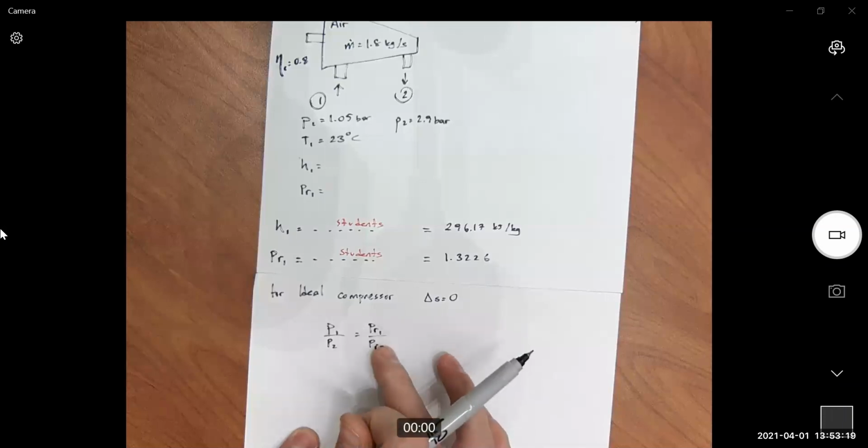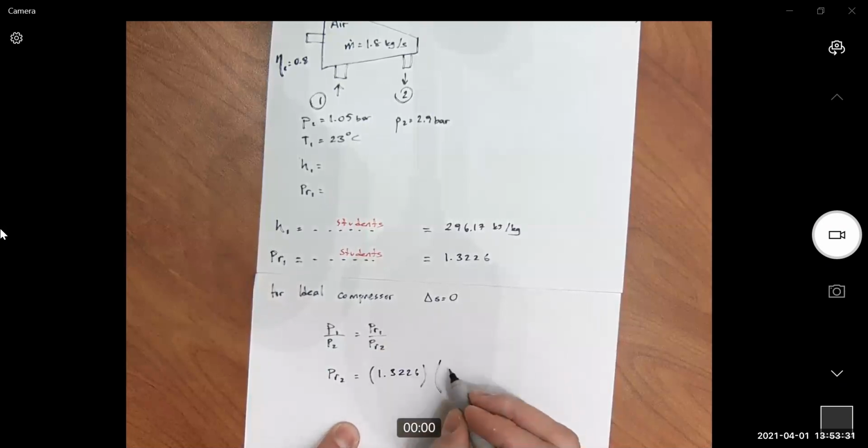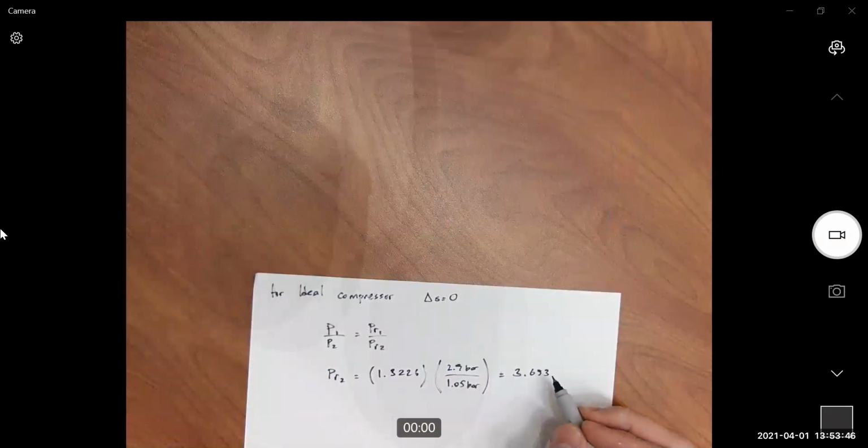I can find my PR2. PR2 equals 1.326 times 2.9 bar over 1.05 bar, which will be equal to 3.653.